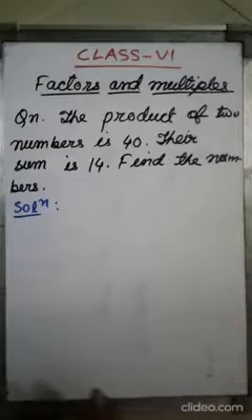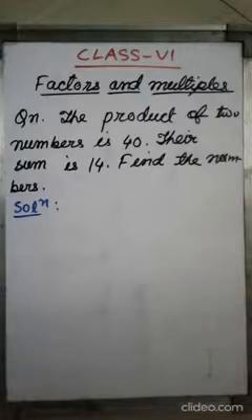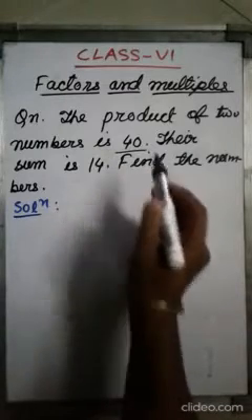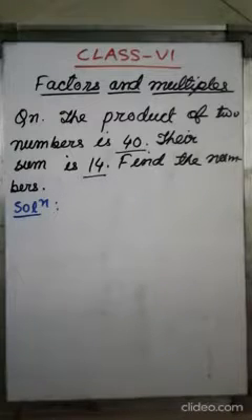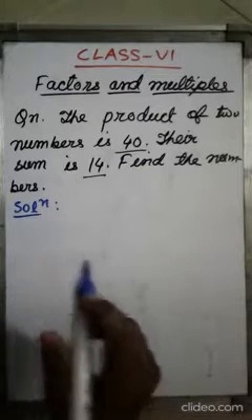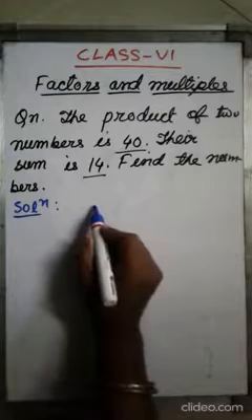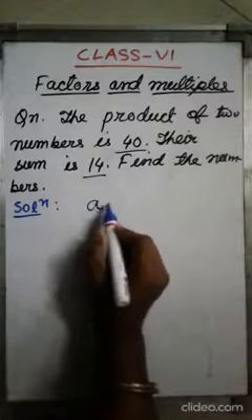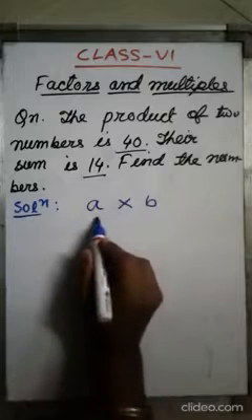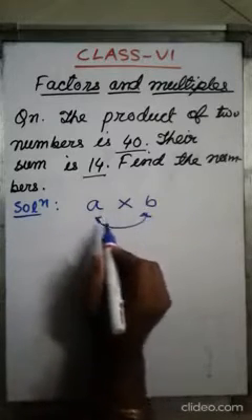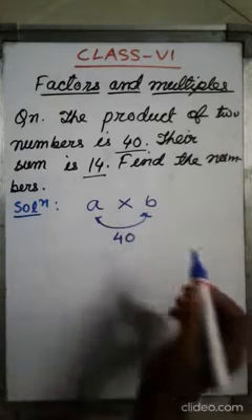There is a question. The product of two numbers is 40. Their sum is 14. Find the numbers. So the product of two numbers, that means if A and B are two numbers, their product is 40.